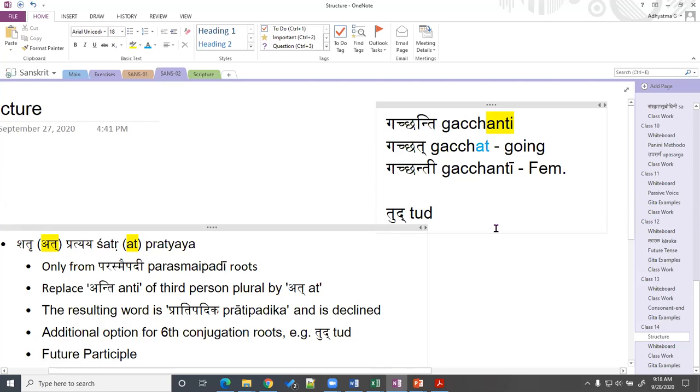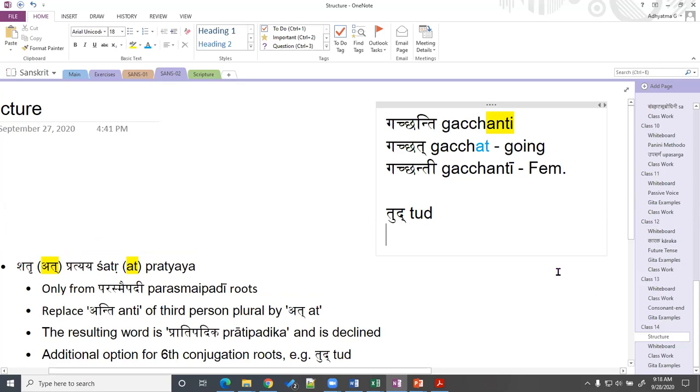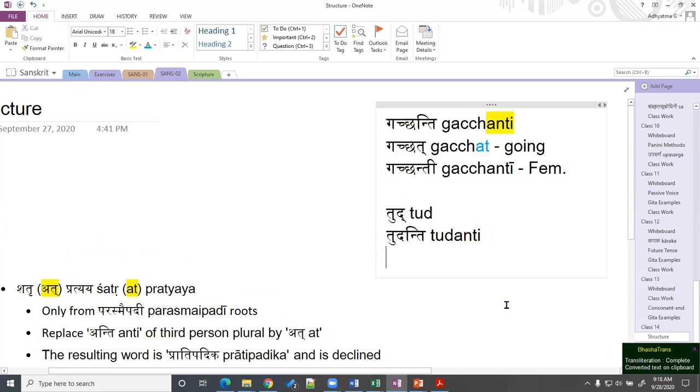We have already studied this root. So for tud, first I'll see the 3rd person plural. The 3rd person plural will be tudanti. And if I have to make the present participle from there, then it would be tudat.